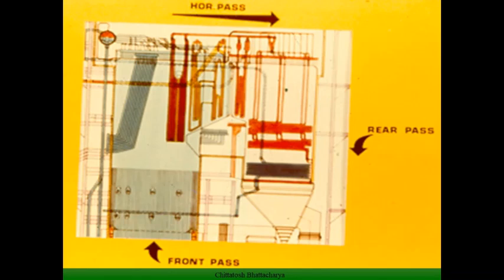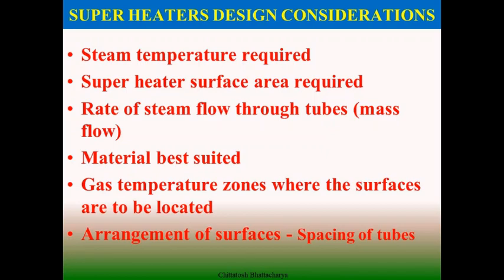All these three phases of superheating are done in such a way that flue gas with high temperature is available for superheating according to the requirement and the spacing and location of the superheaters.